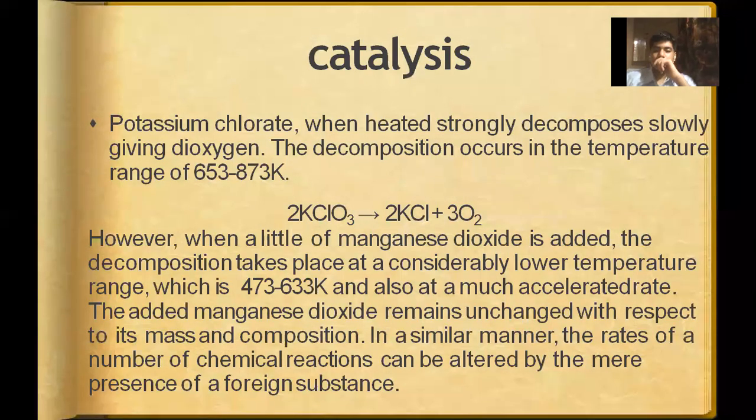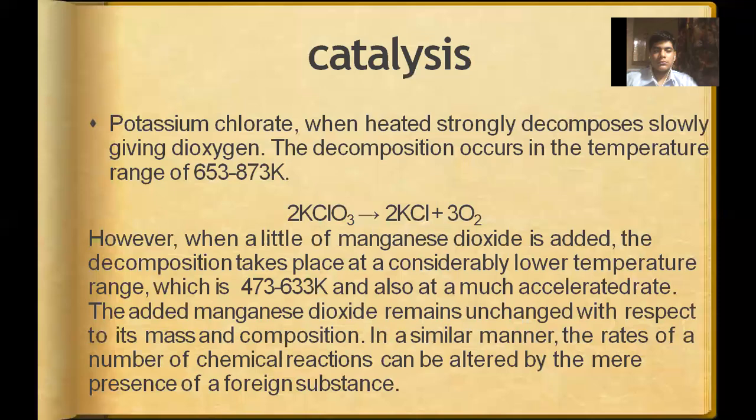The added magnesium oxide remains unchanged with respect to its mass and composition. I've already told you that catalysts do not participate in the reaction; they remain unchanged throughout the reaction. They are not involved in the reaction between the reactants. You will see that KClO3 is there on both sides.